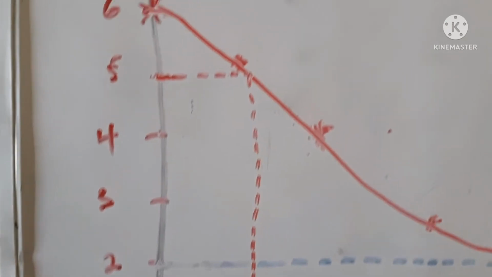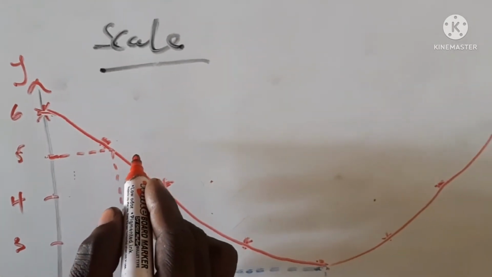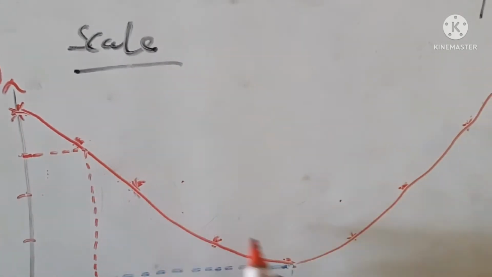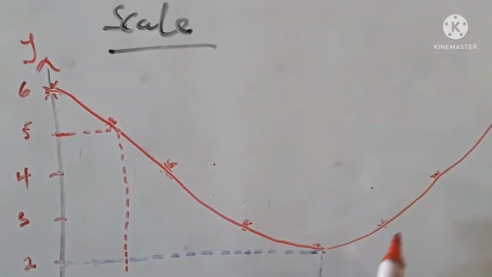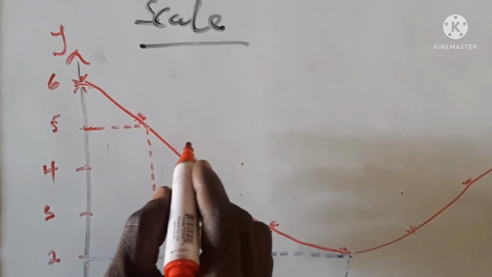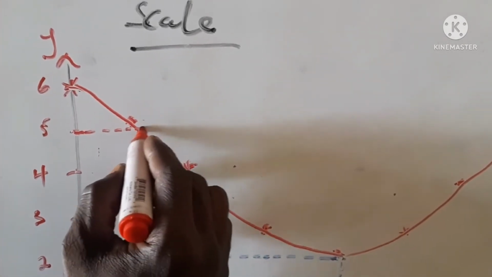But look at something. Here you just have to look forward and see. If you move forward, are you going to meet the curve again? Yes, because this is something like a quadratic, right? If it's not a circle, look at the way the graph looks. So the trick here is that you have to move forward and meet the curve. You are not meeting the curve at only this point, but you can still meet the curve somewhere here.